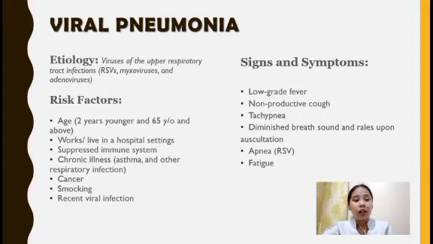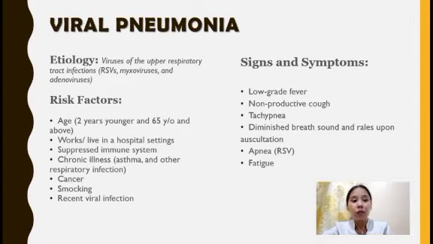This type of pneumonia is airborne and contagious. So children 2 years old and younger, and people 65 years old and above are at risk. And also people that work or live in hospital settings, and those with a suppressed immune system.